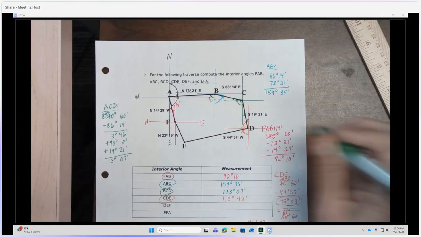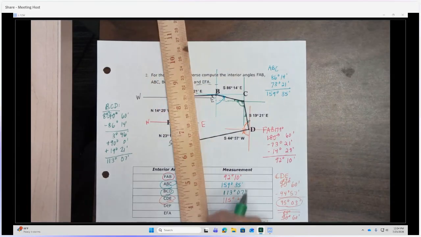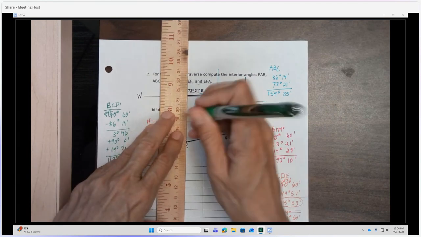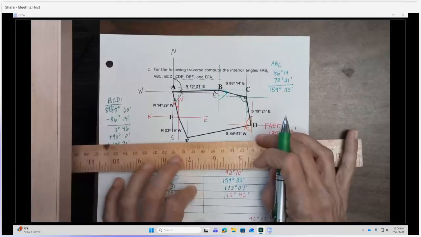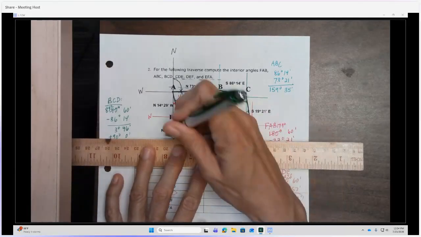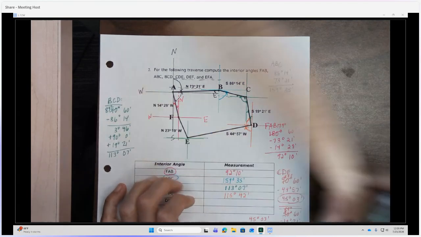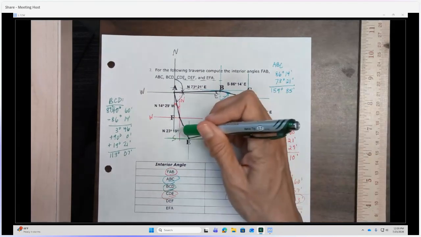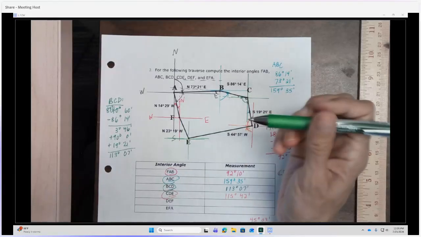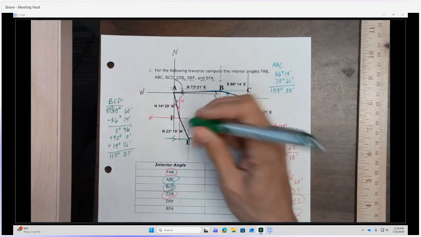Come over here. So let's go ahead and put our north, south, west, east lines here and take a look at this bearing information that we're given here. And this one's coming from the north, 23 degrees, 19 minutes towards the west.